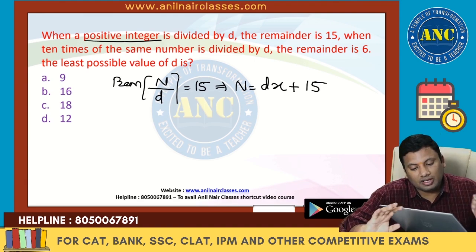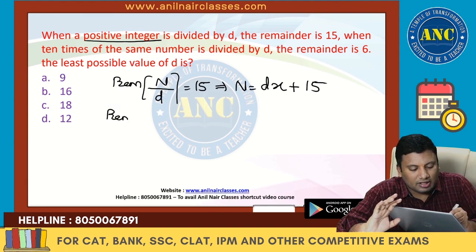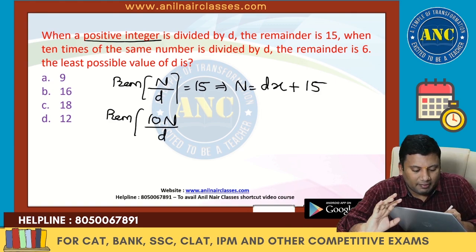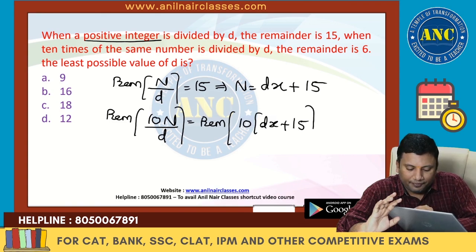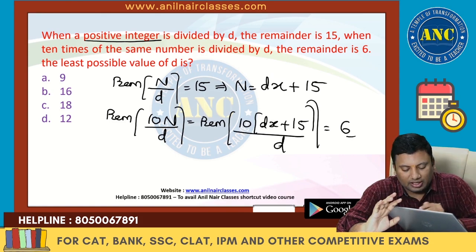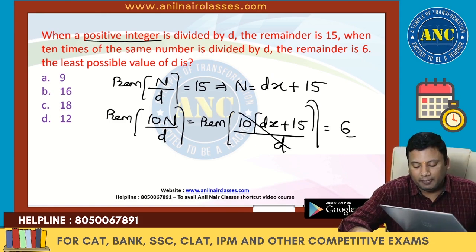When 10 times of the same number, 10n, is divided by d, this is nothing but the remainder of 10 into dx plus 15 divided by d, which is nothing but 6. Dx is divided by d.